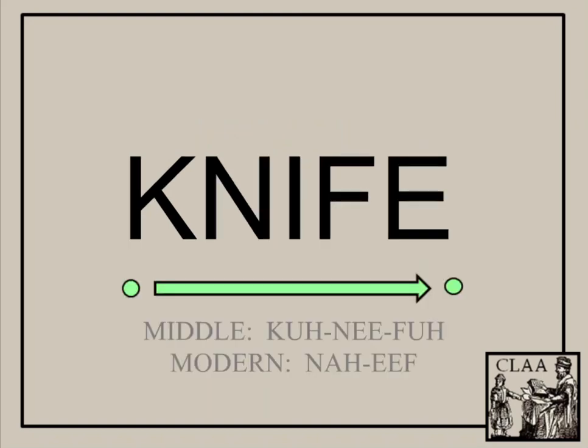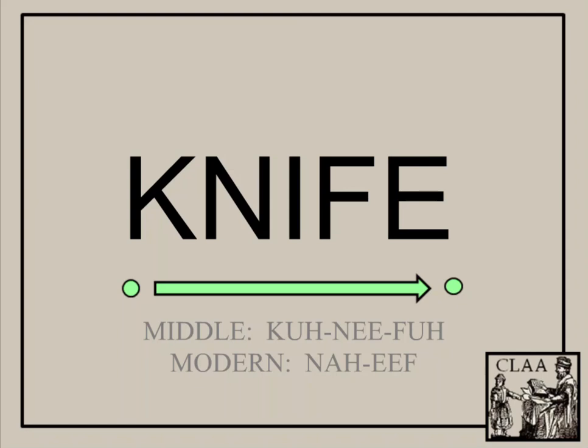In this example, there are three things for us to look at. First of all, we have the cluster KN at the beginning of the word. Second, we have a long E in the middle of the word. And lastly, we have a final schwa. In the cluster KN, the K in modern English is going to be silent.